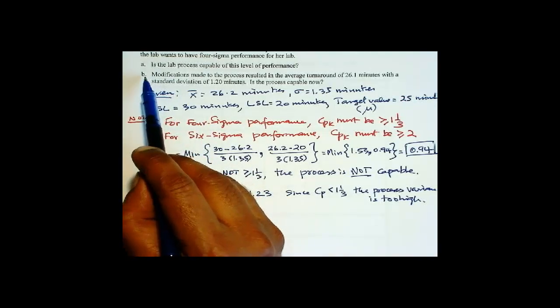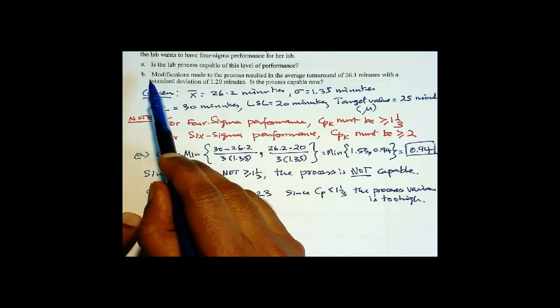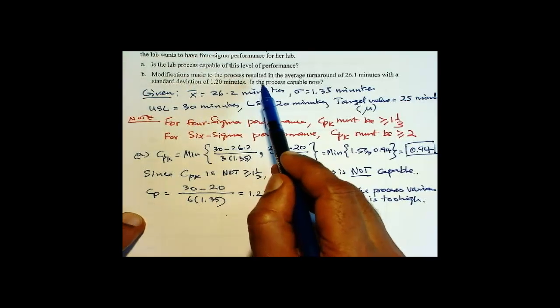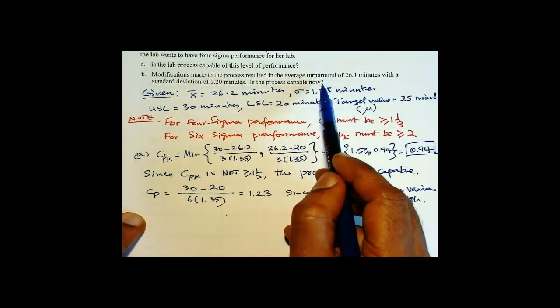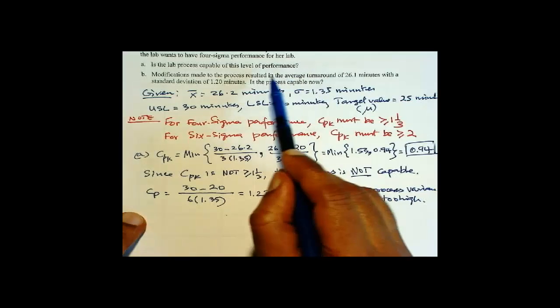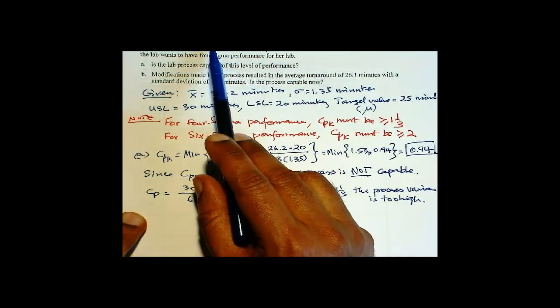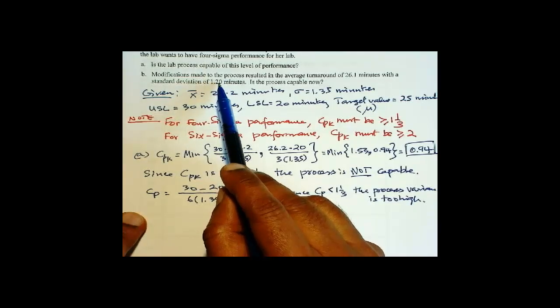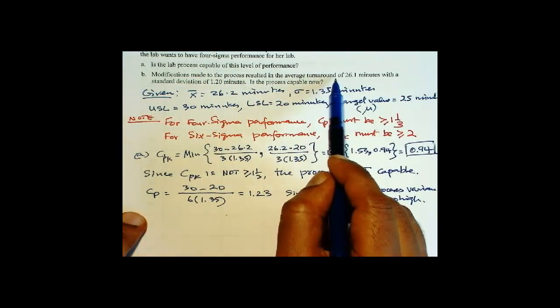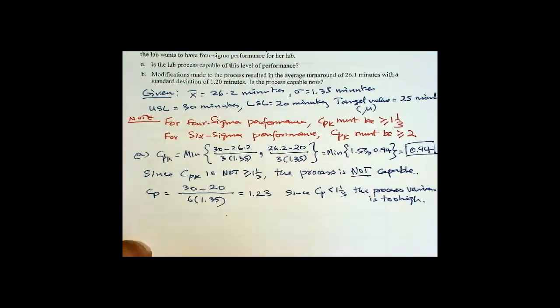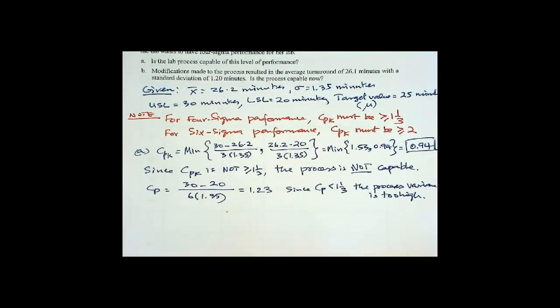So that's what's described here in B. Modifications made to the process resulted in the average turnaround time of 26.1 with standard deviation of 1.2. So we reduced standard deviation from 1.35 to 1.2, and in that process the turnaround time average also reduced by a little bit. So this may be enough to put us over the top.